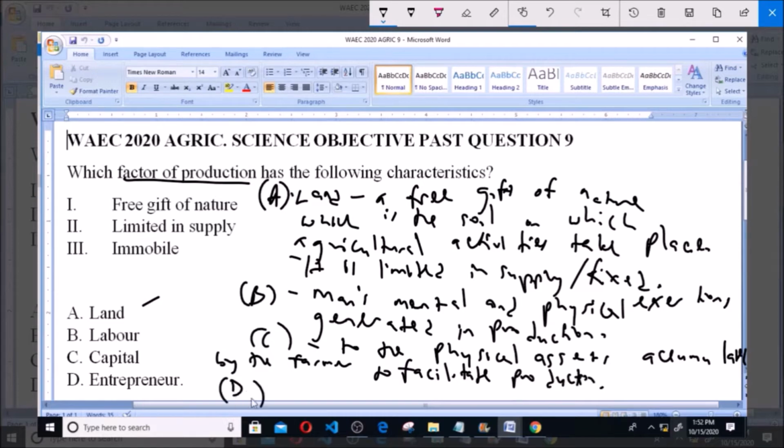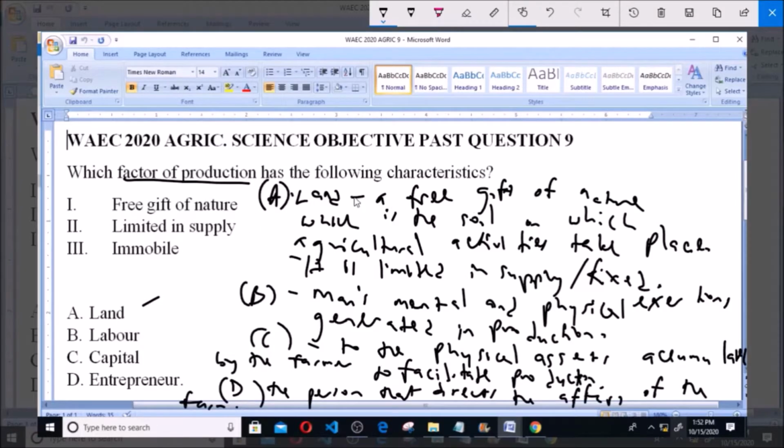And lastly, option D says entrepreneur. An entrepreneur is the person charged with the responsibility, so the person that directs the affairs of the farm, both administratively and technically. So let's look at which one has the characteristics.